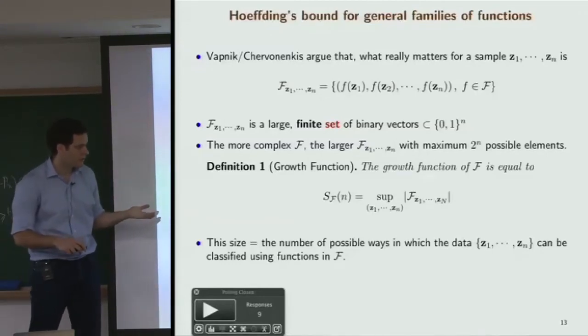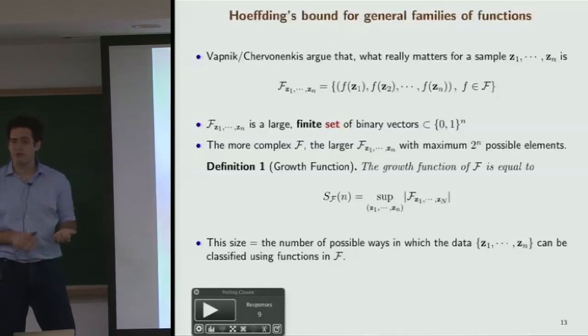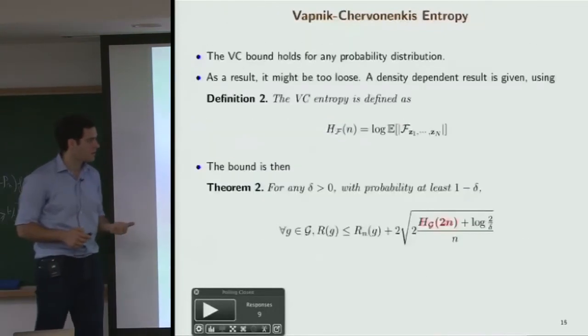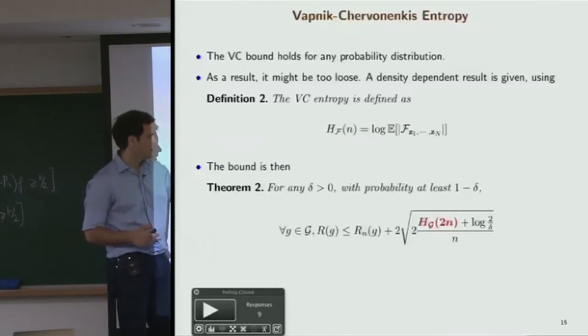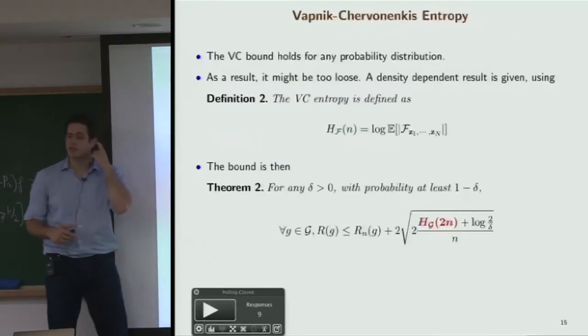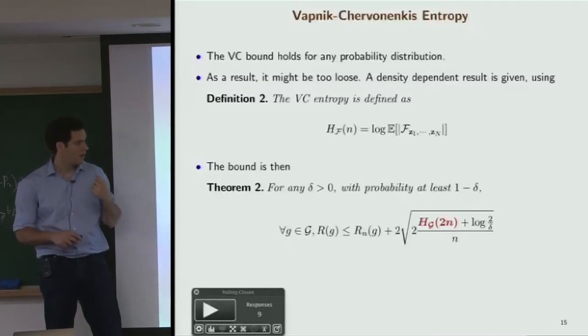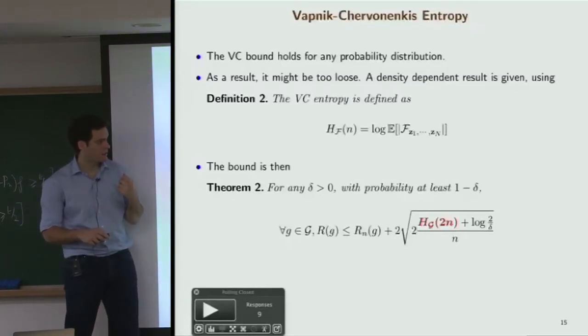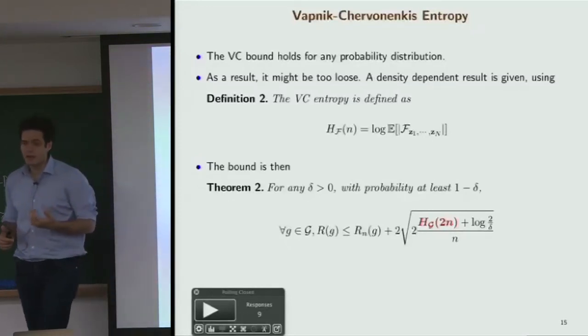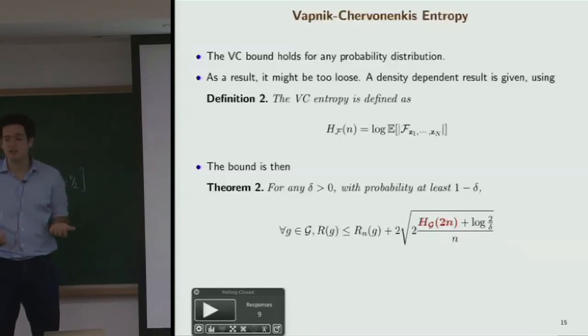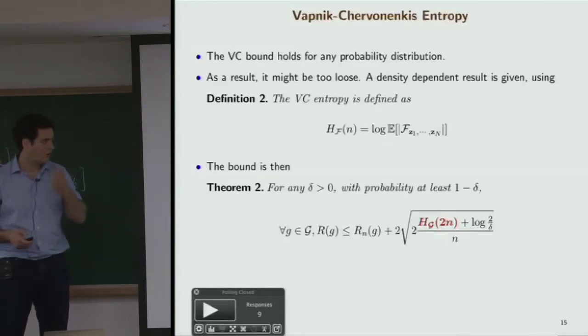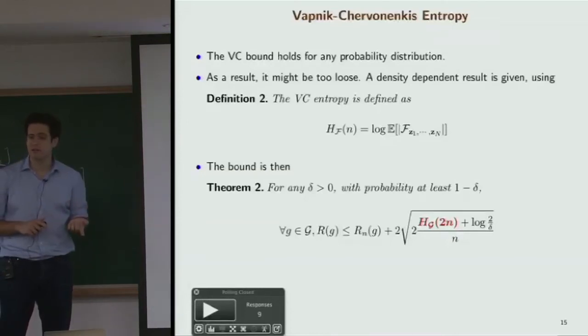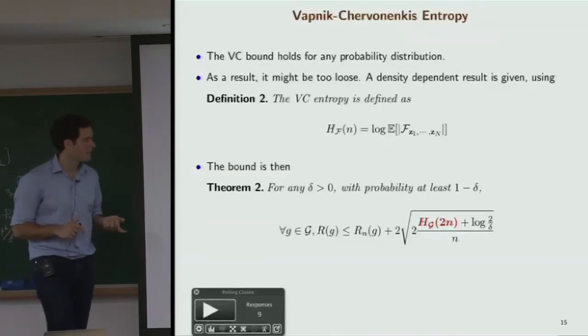Here I'm taking a uniform supremum over all possible observations. What Vapnik and Chervonenkis propose is, rather than considering the supremum of this quantity over all possible points, they consider what they call the VC entropy of the function class with respect to the data distribution. Okay?